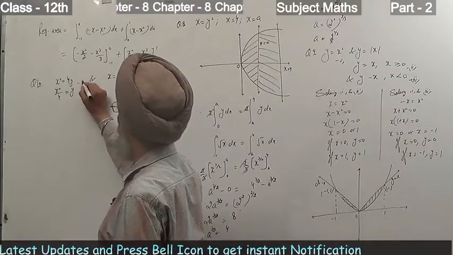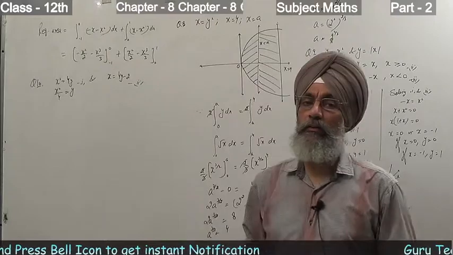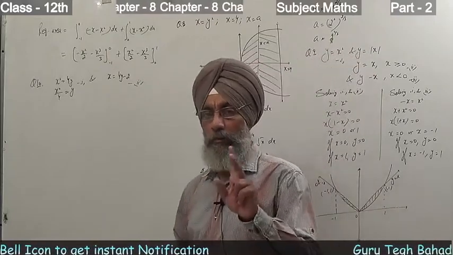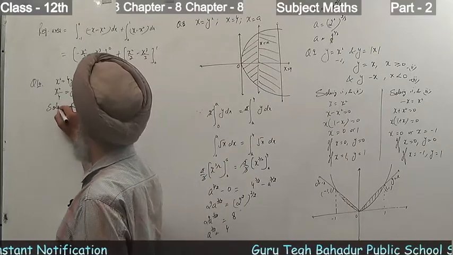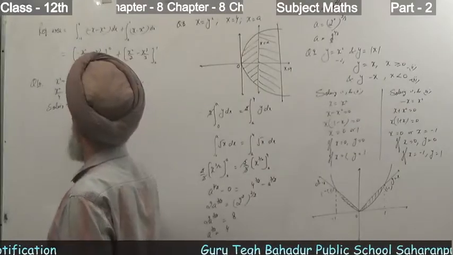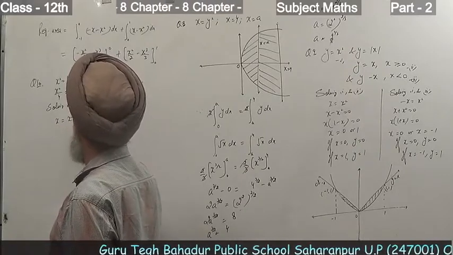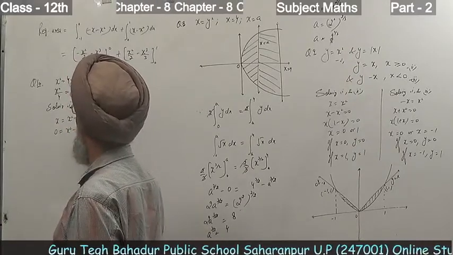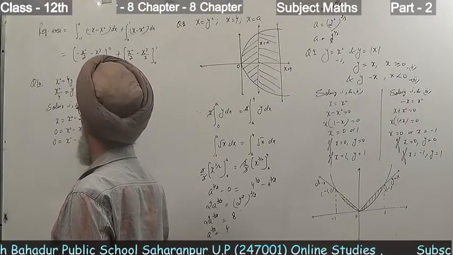Now solving this first and second, by this we get a point of intersection which makes it easy to make a sketch of it and to find the required area. So solving first and second, we get x is equal to x square minus 2. x square minus 2x plus x minus 2.